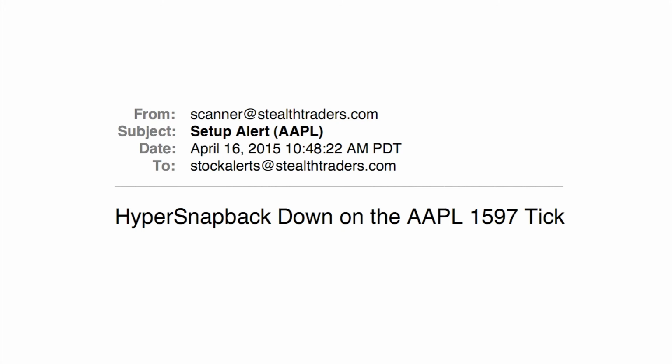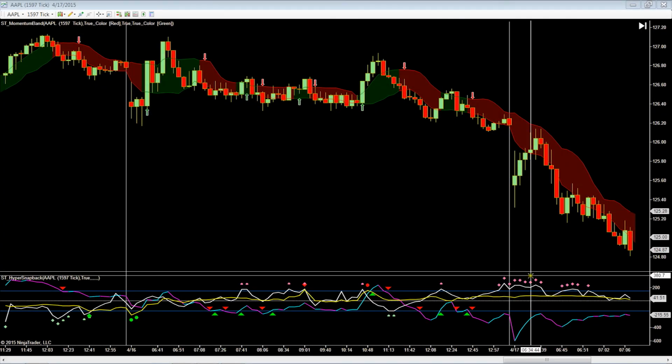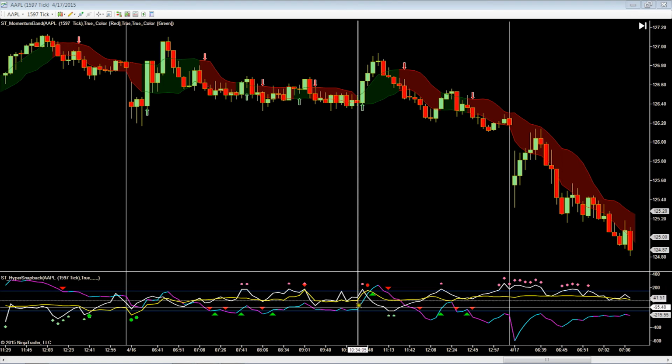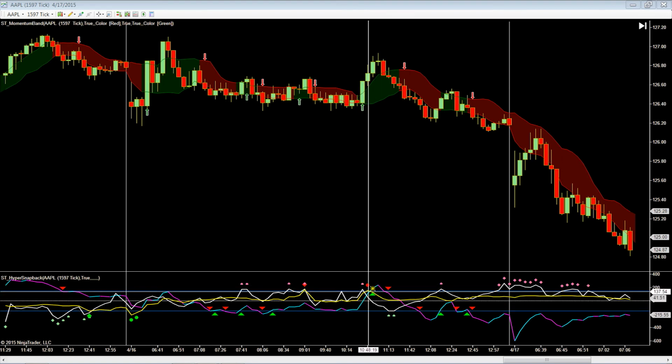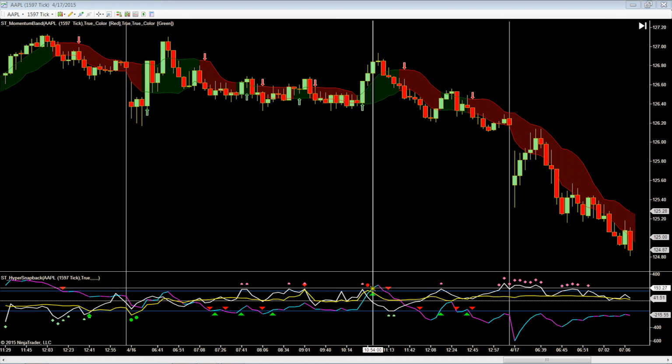Let's take a look at another stock alert. We have a hyper snapback down on Apple 1597 tick at 10:48 in the morning Pacific time. Okay, let's go to the chart. Here we have our signal at 10:48. Now our trend line is blue facing up, so we do not want to enter a short position when the trend line is blue.